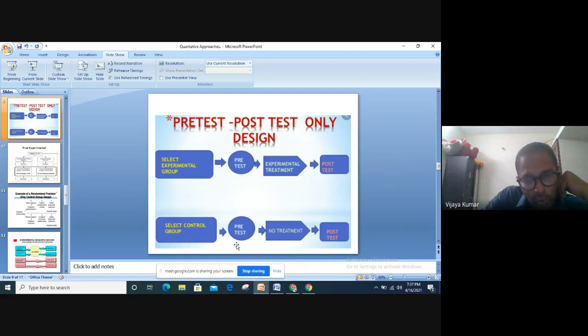For the control group she will give a pre-test, and for the experimental group also she will give a pre-test, and this is before the experiment. She will collect both the scores and see if they are similar.